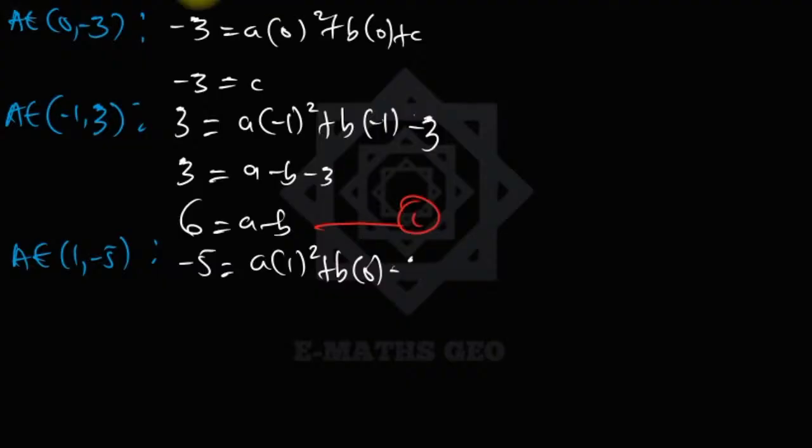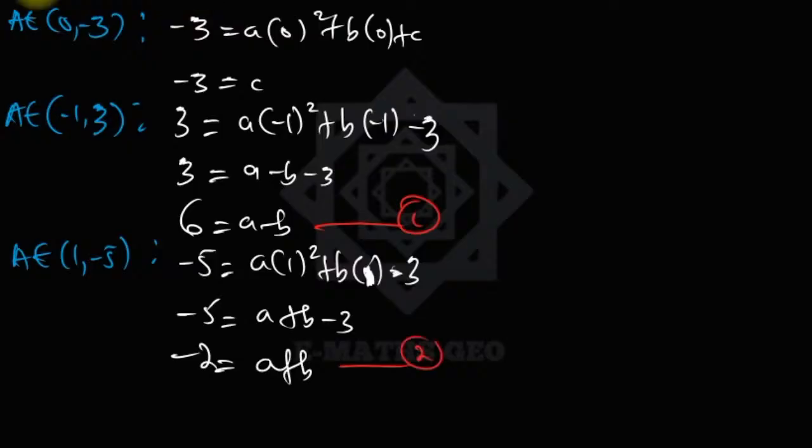I've told you that's the reason I got it first. So this is a, this is 1, this is plus b, minus 3. So I have that -2 equals a plus b. That gives equation 2. So we have two equations now to solve simultaneously.